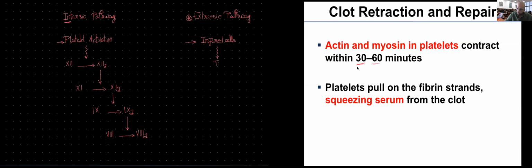We call this my tissue factor, and this is released from my tissues outside of the blood. And if you remember, tissue factor is going to be activating factor 7 that, once activated, is going to be forming a complex along with the tissue factor.